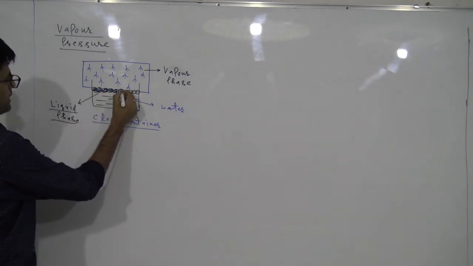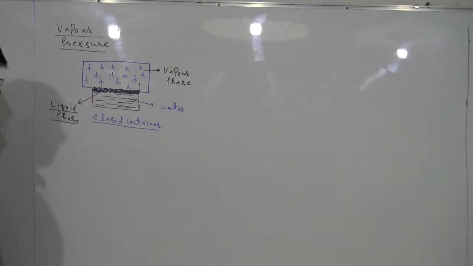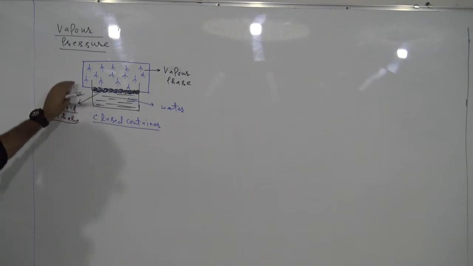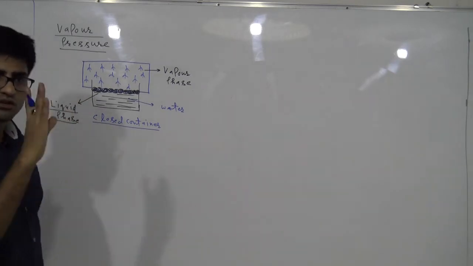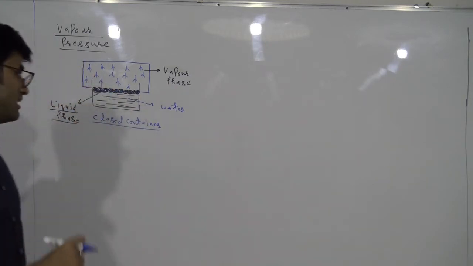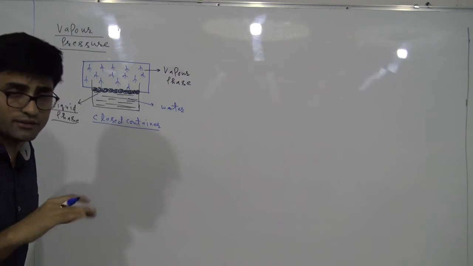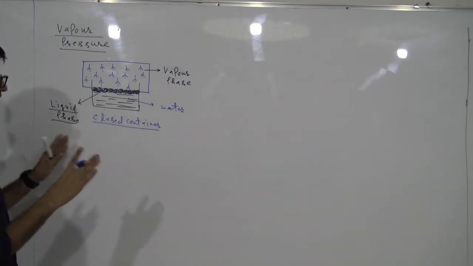Right now we are performing this activity at a certain temperature, so temperature T is constant, let's say 25 degrees Celsius, and the surface area of this beaker is also constant. We are not changing any other factors.